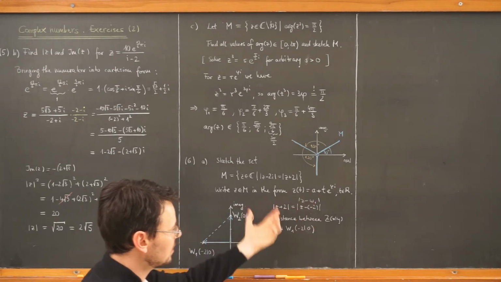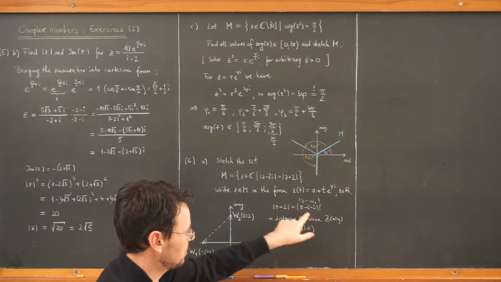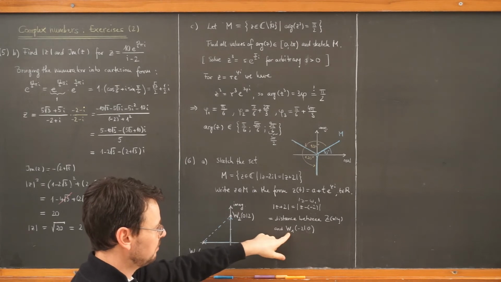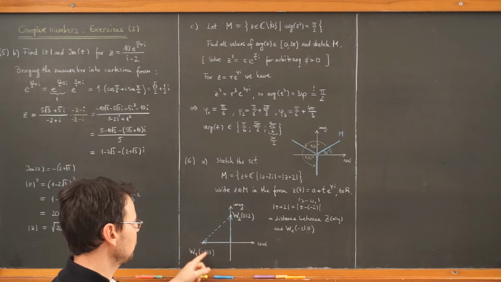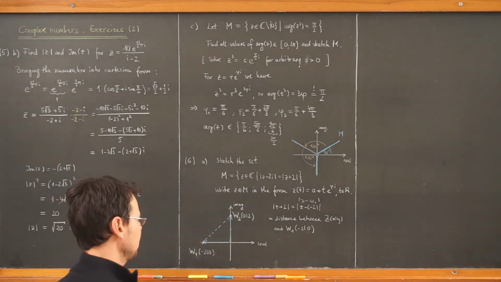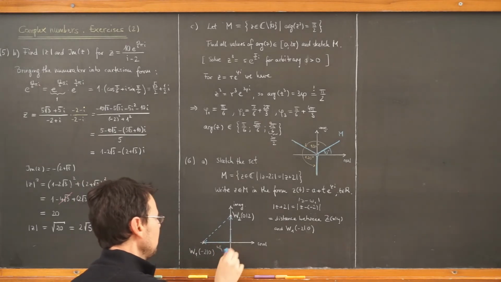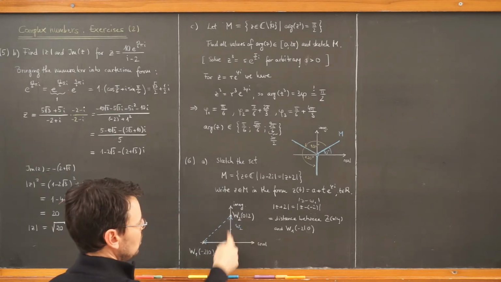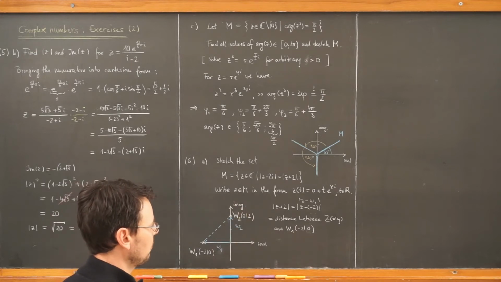And this is simply the distance between the points capital Z corresponding to this complex number and the point capital W1 corresponding to this complex number, minus 2, 0. Yeah, this here is the complex number W1, simply minus 2. And this here is the complex number W2, leading from the origin to the point capital W2.